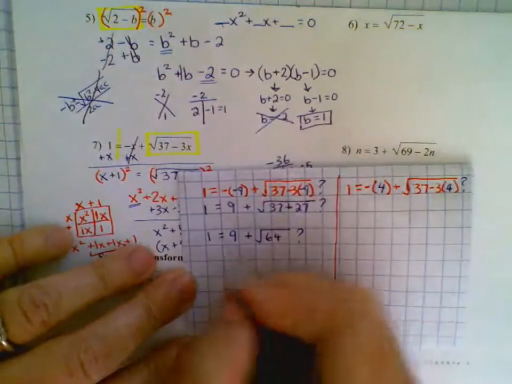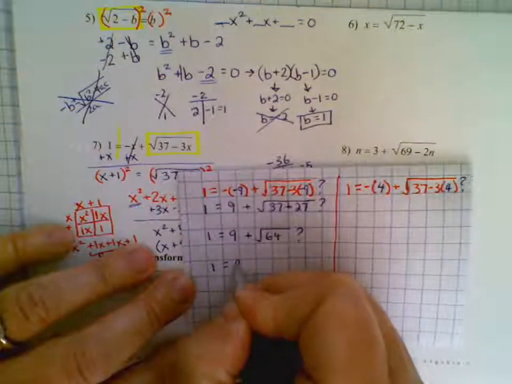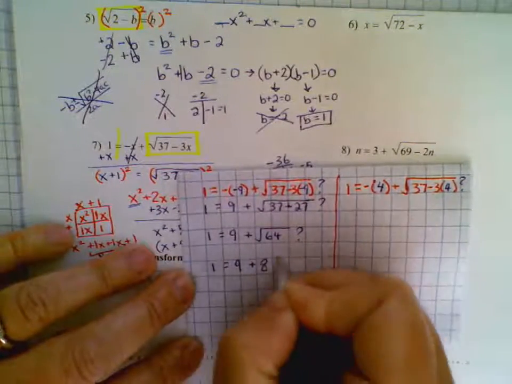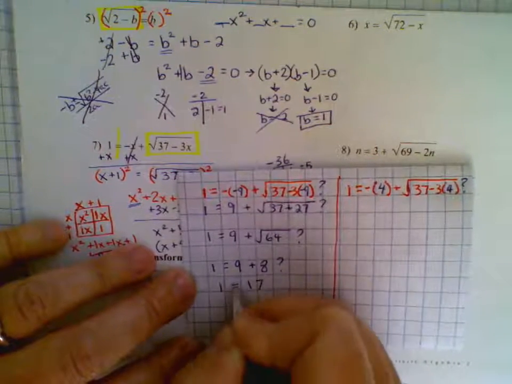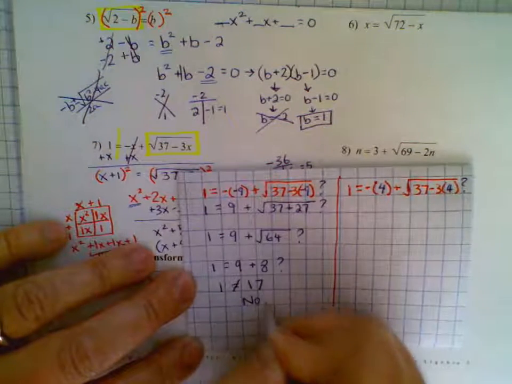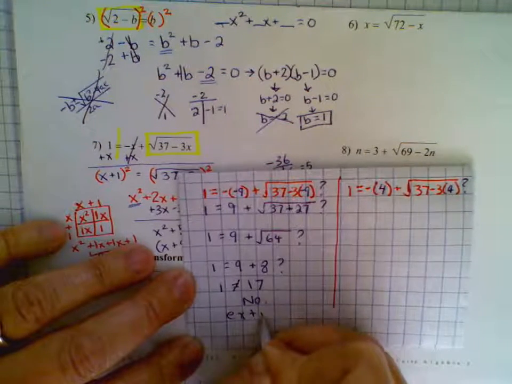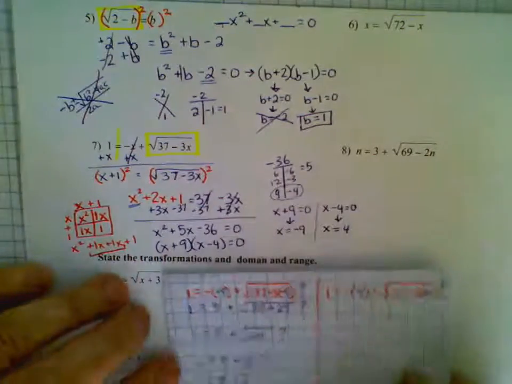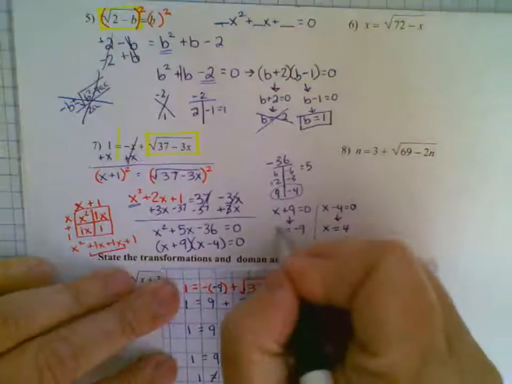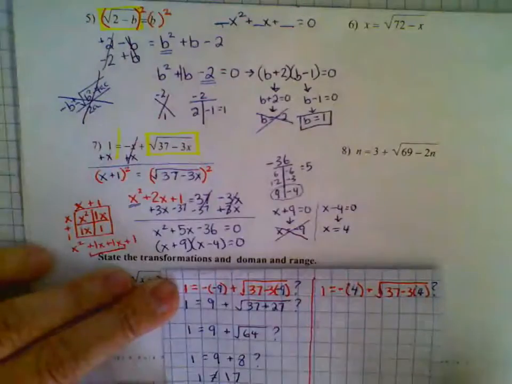Square root of 64 is 8. So I have 1 equals 9 plus 8. Well, no. 9 plus 8 is 17. Those are not equal. So this is extraneous. And I'm going to go back on my paper and cross off -9.